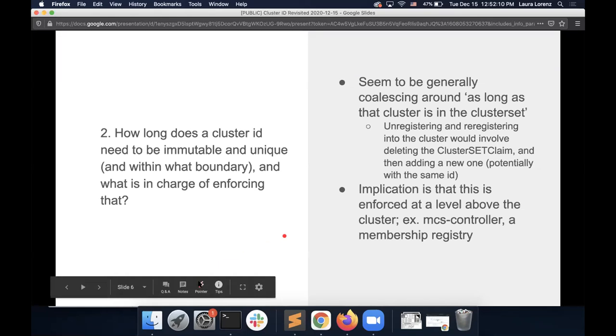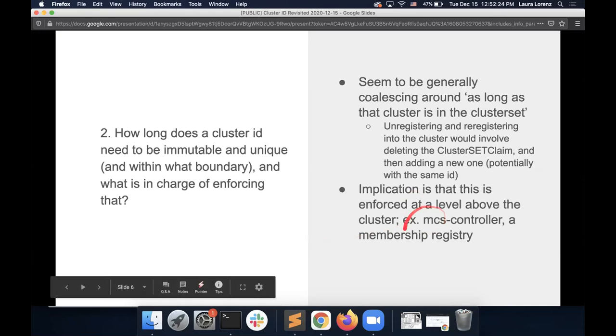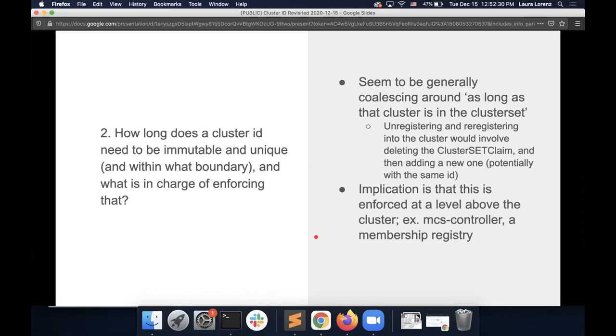I think that the semantics you've just described, Jeremy, make sense to me. The other bullet on this slide is: where do you enforce those things? As an example, would it be productive to think through a couple of failure modes?